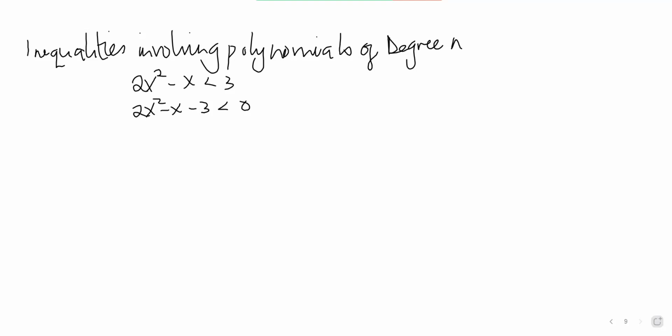If we factorize that, we'll have x being equal to, we are looking for two numbers such that if you multiply them, you'll get -6. 2 times -3 is -6. If you add them, you'll get -1. We find that those two numbers will be minus 3 and 2.